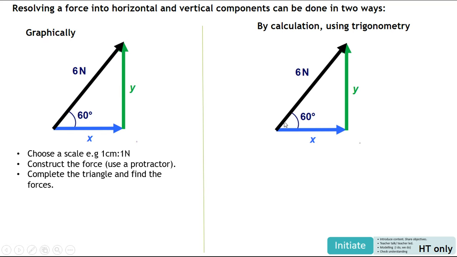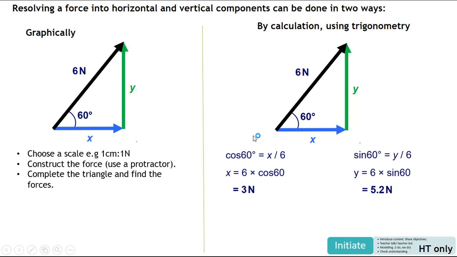If we know the size of that force, that is the hypotenuse, and if we call the components x and y, we know from trigonometry that the cosine of that angle, cosine is adjacent over hypotenuse, gives us x over 6 in this case. And we can also work out the sine of that angle, which is the opposite over the hypotenuse.